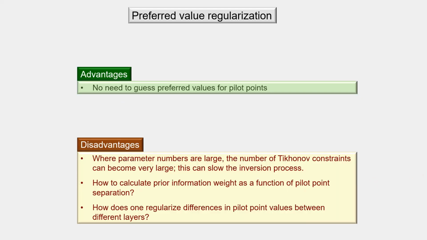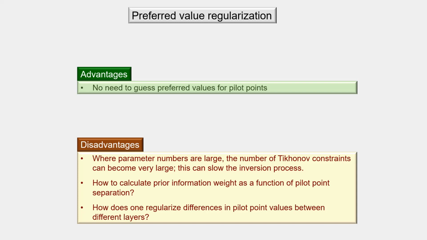The advantages of this method are that there's something conceptually nice about it. We're saying that this model domain is uniform, or at least this layer within the model domain has uniform values for this particular parameter type, unless data within the calibration data set says to the contrary.